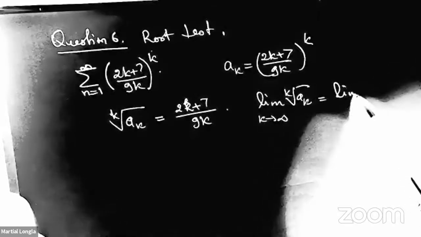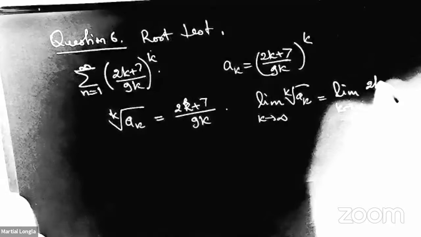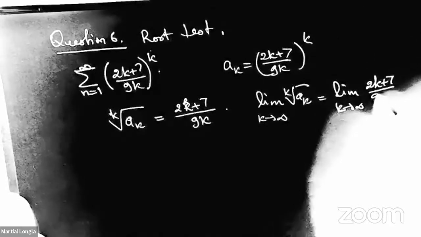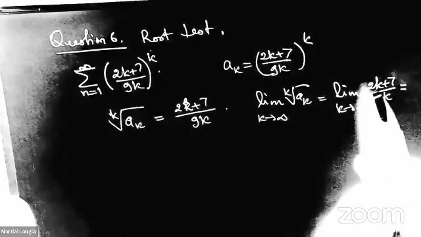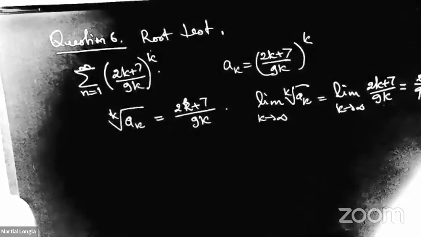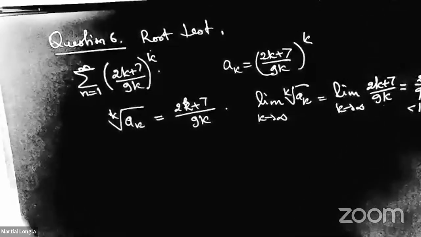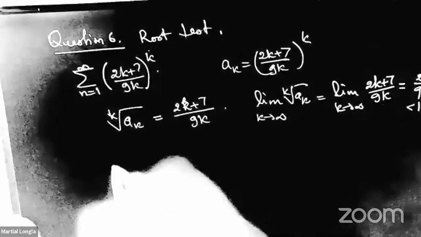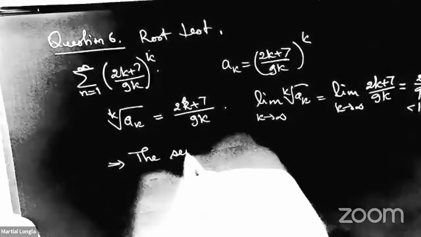And that's the limit as k goes to infinity of 2k plus 7 over 9k. And this is a ratio of polynomials again, so that's going to be 2k over 9k, 2 9ths. And this limit is less than 1, which shows that you understand the rule that you're working with, and that implies that the series converges.